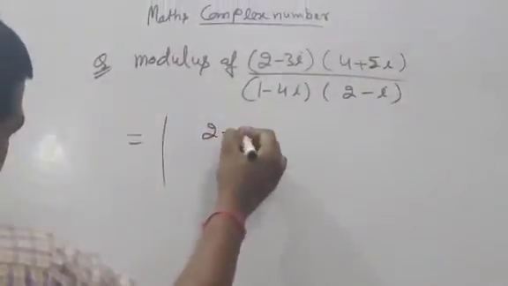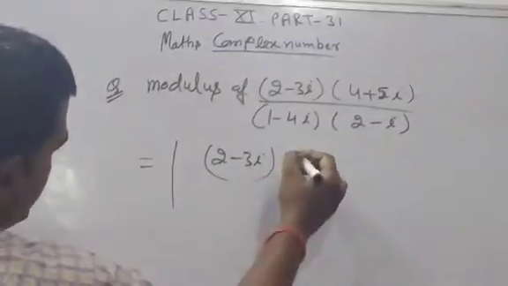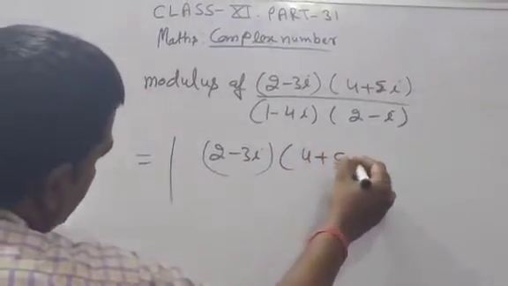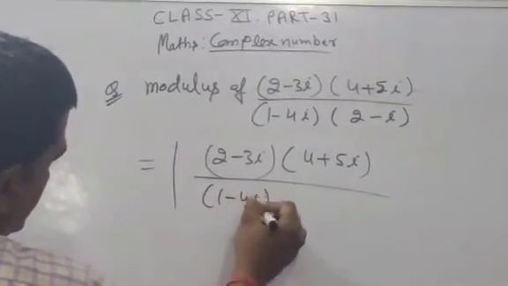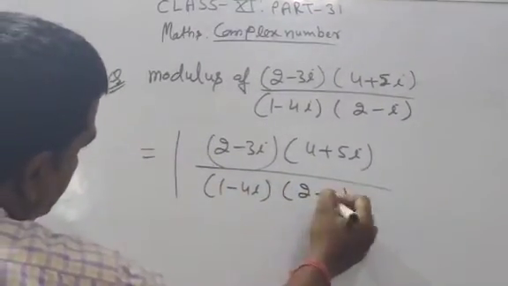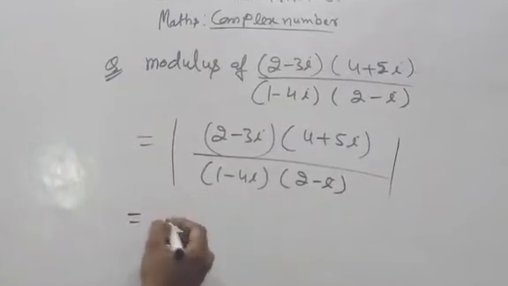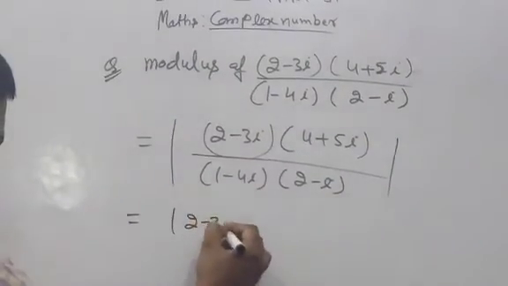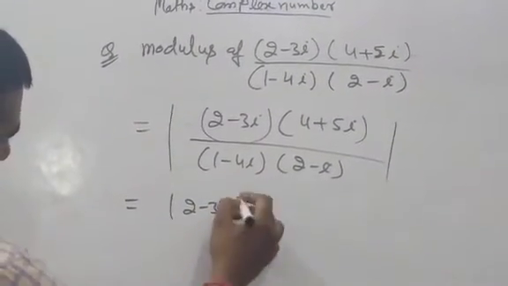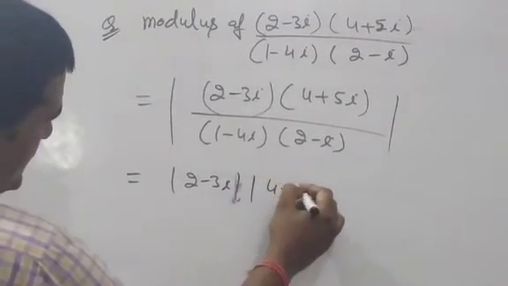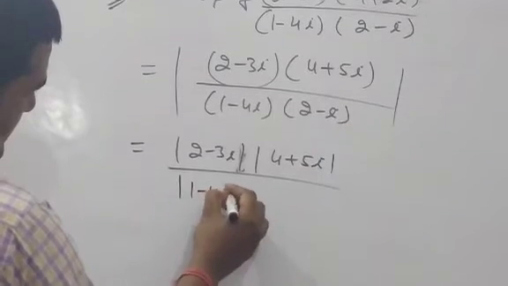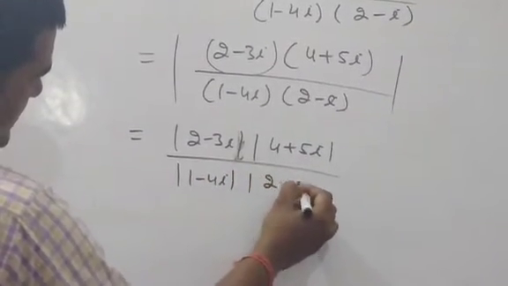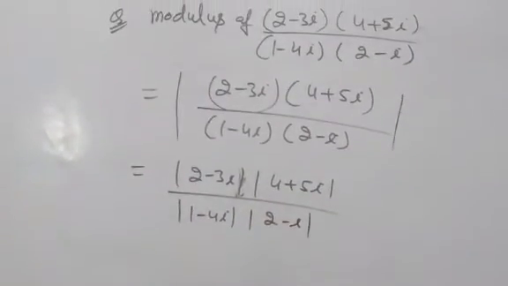Mod of (2 minus 3i)(4 plus 5i), whole upon (1 minus 4i) and (2 minus i). Clear? Now 2 minus 3i and 4 plus 5i, 1 minus 4i and 2 minus i. Clear?